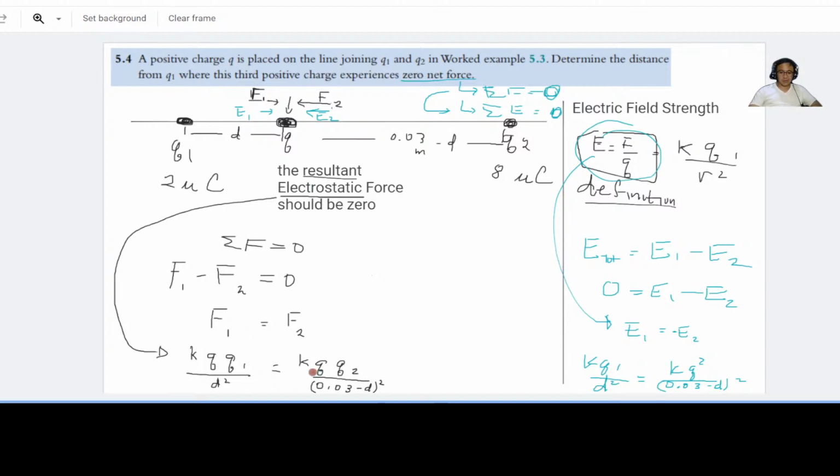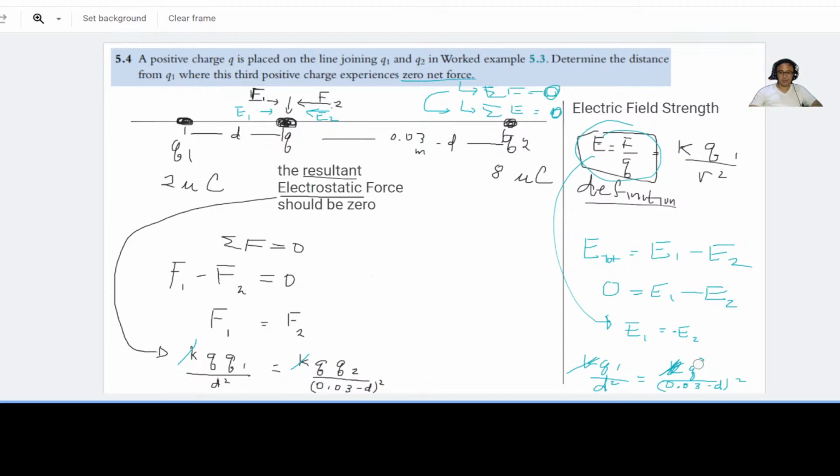So that's why you have to subtract D from 0.03. You can't use D immediately here, because remember, the distances should be between the two charges. Okay, so one last thing here. You will notice that the K cancels out with K here. This K also cancels out with this K here, right?